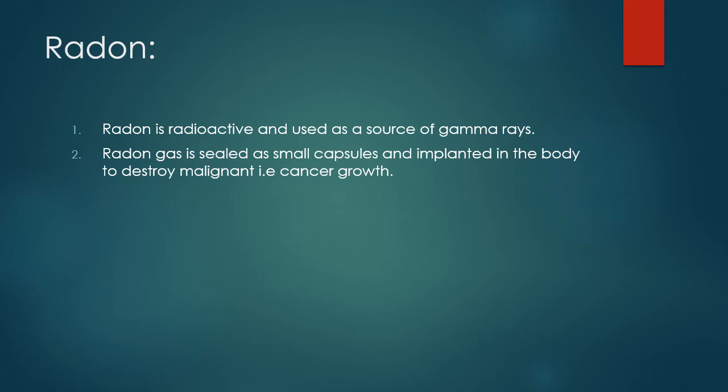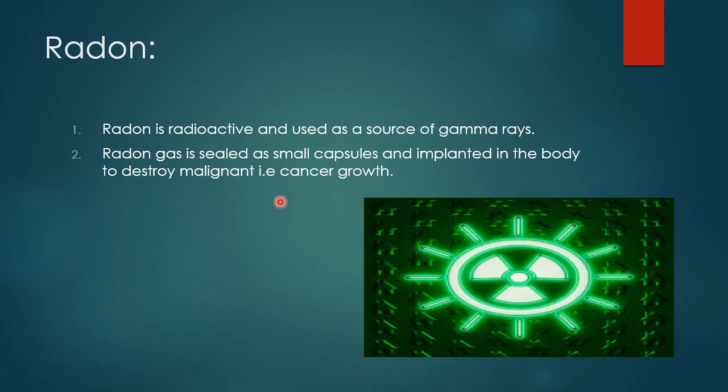But nowadays it is not advisable, because if the capsule is implanted in an improper place, it may kill normal cells as well. There is also a possibility of leakage of radon gas. So nowadays it is not in use, but it can be used to kill cancer growth. So this is about radon.